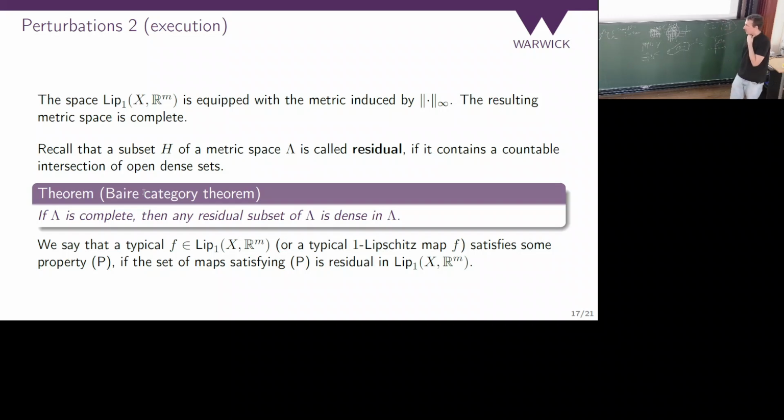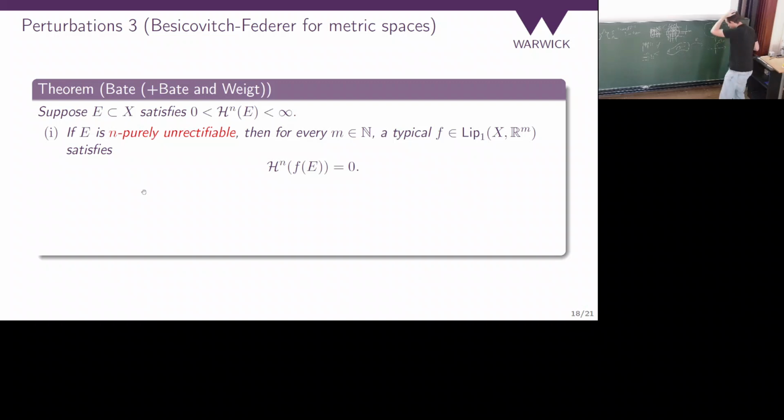Yeah, and then I would say the first result in the direction of showing something really interesting about metric spaces via these perturbations is this paper by David. So again, this is a result a lot of you have seen before. If we have a set E which has positive finite H^n measure in a metric space, and it is n-purely unrectifiable, then for every dimension m you want, if you look at the typical map into R^m, we will see that it carries the set E into something that has measure 0.